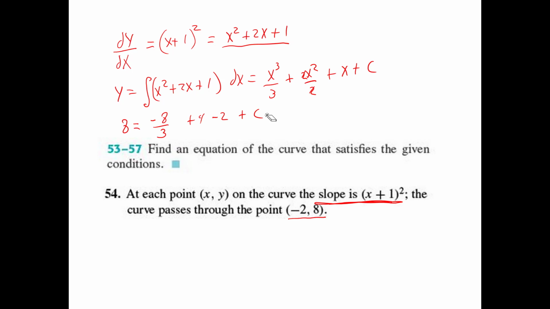So the -8 thirds plus 4 minus 2 works out to be -2 thirds. And then if you add 2 thirds to both sides, you get 26 thirds.